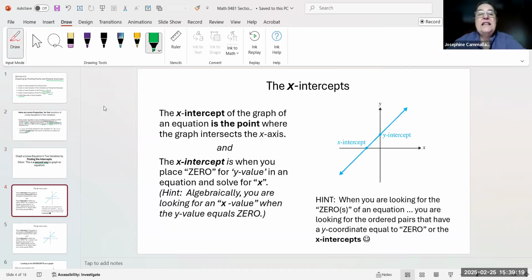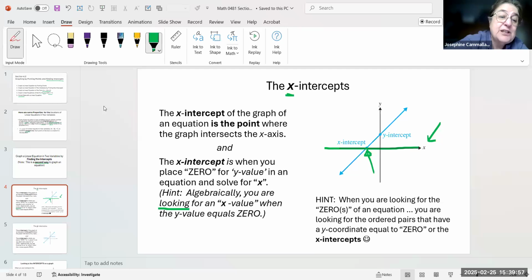Now, this is going to talk about the x-intercept, which happens to be this point. Now notice, it is sitting on the x-line. The x-intercept of a graph of an equation is a point that intersects the x-axis, which means it sits on the horizontal axis. But algebraically, when we're looking for an x value, which is the x-intercept, the y value is 0.